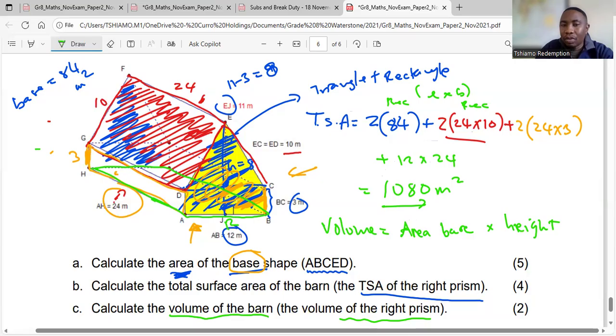So if the yellow part is the base, it's going to be something like this, of which I already have the base here as 84. Now, this part, the length, if this moves like this, the length becomes the height, which is 24. Just multiply by 24. Then you get 2016 meters cubed. Okay, I hope you got it, guys.